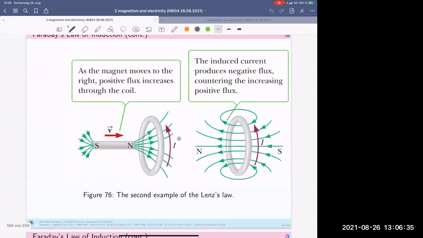All right, here we have another type, which is quite related to the four previous cases. We have again permanent magnets and the circular coil, and we move the permanent magnets.